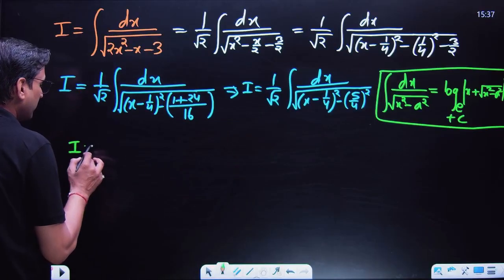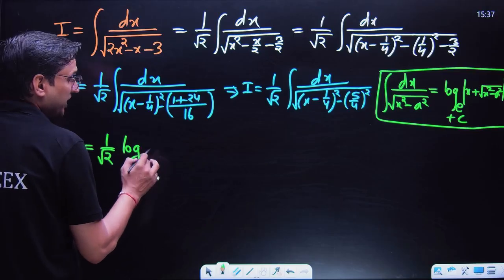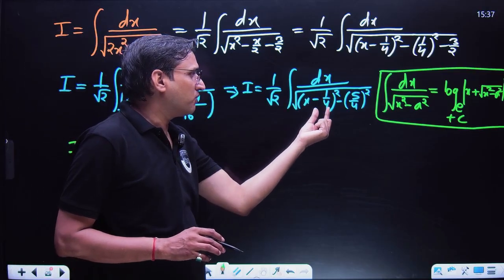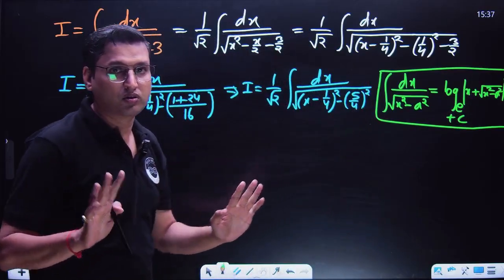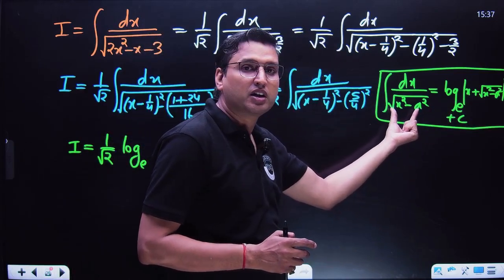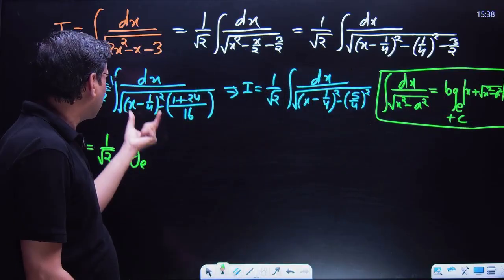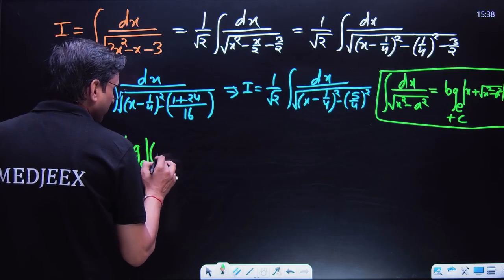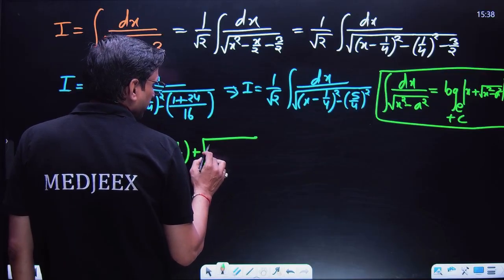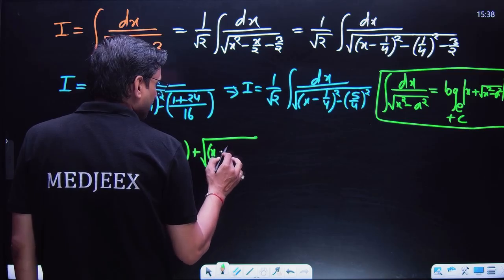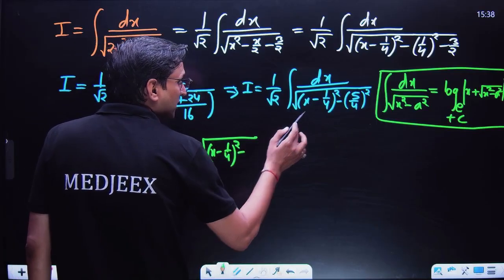After applying this, the answer will be 1 by root 2 natural log of modulus of x minus 1 by 4, where x is x minus 1 by 4 and this is x square minus a square, plus root over x minus 1 by 4 whole square minus a square, that is 5 by 4 whole square.